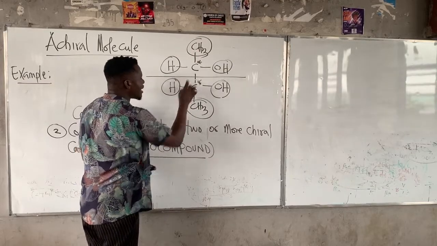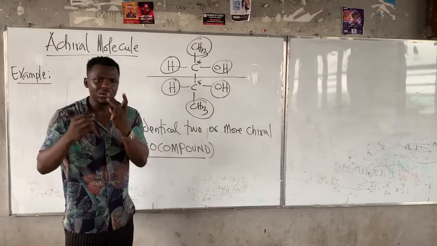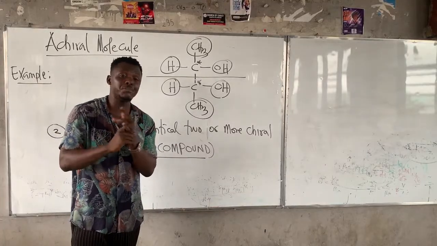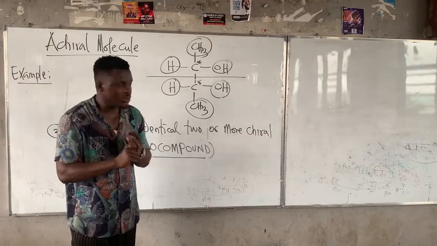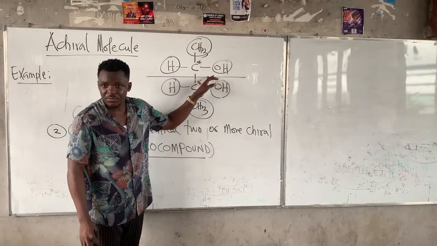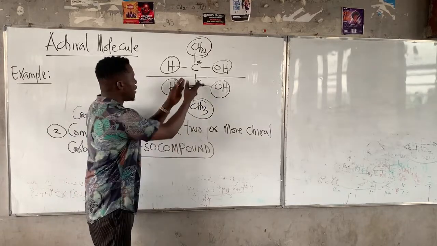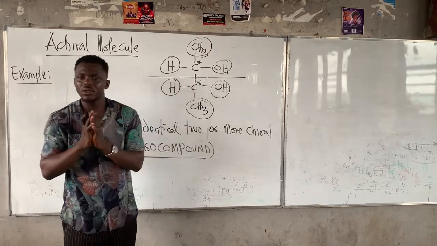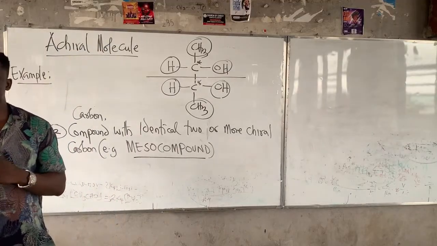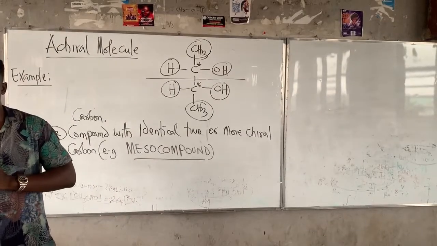So meso compounds are considered achiral. Number one, they have a plane of symmetry. Number two, they are superimposable on their mirror image. So this is an example of a meso compound. Meso compounds are achiral. Take note of this in case you are asked in exams.